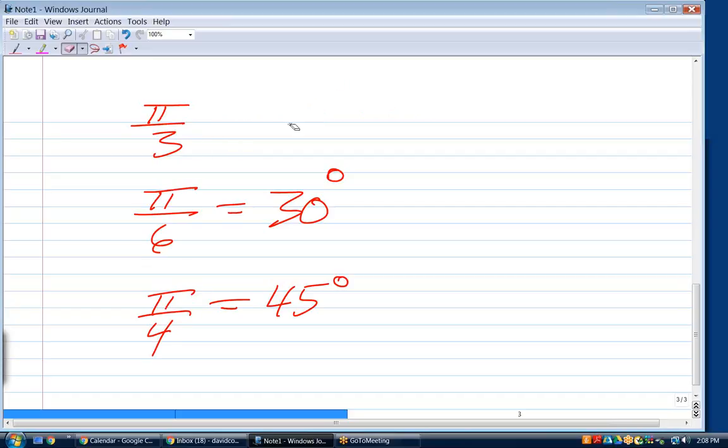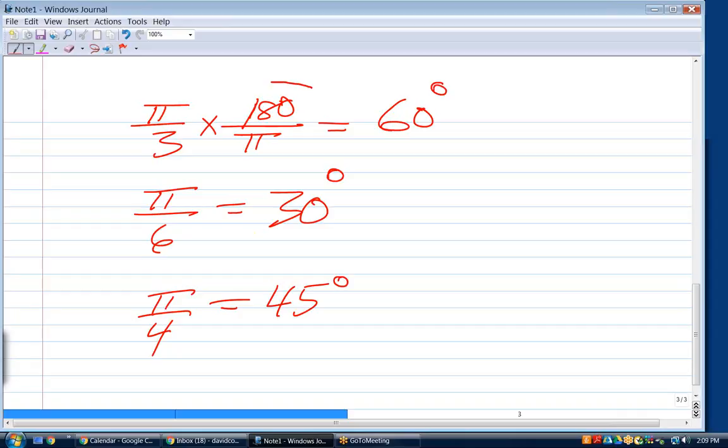And you can use the conversion ratio. In other words, if I multiply that by 180 over pi, I get 60 degrees. Same thing, if I multiply this by 180 over pi, I get 30.